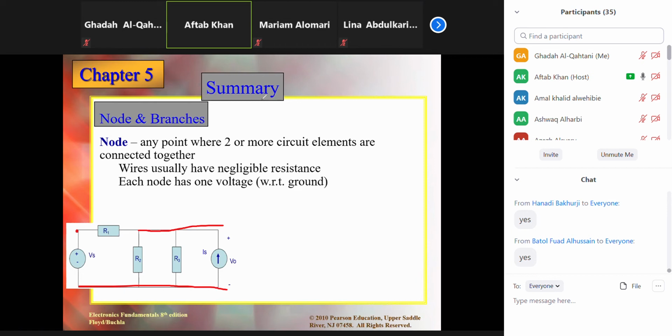By the way, for your information, if I change a little bit, if I put a resistance there, now tell me how many nodes are there.